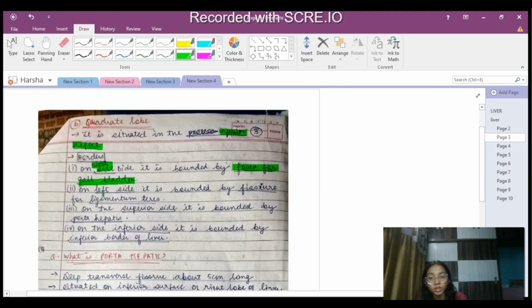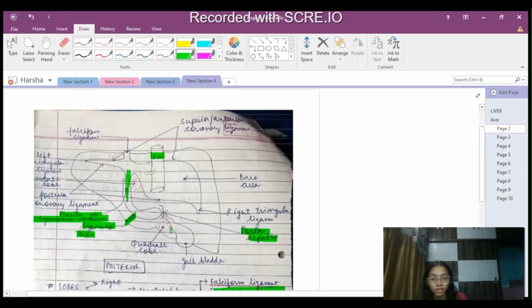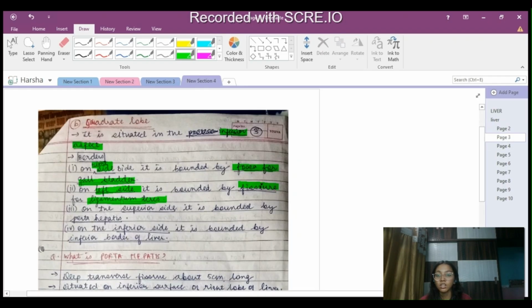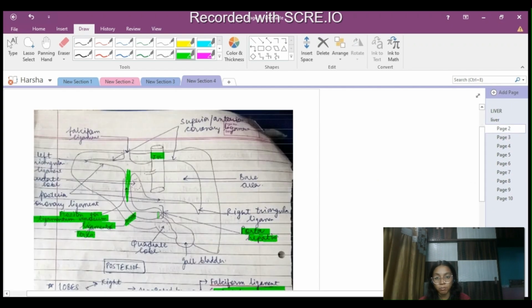Then on the left side, it is bounded by the fissure for ligamentum teres. Over here is the ligamentum teres. Then on the superior side, it is bounded by the porta hepatis. Above it is the porta hepatis.